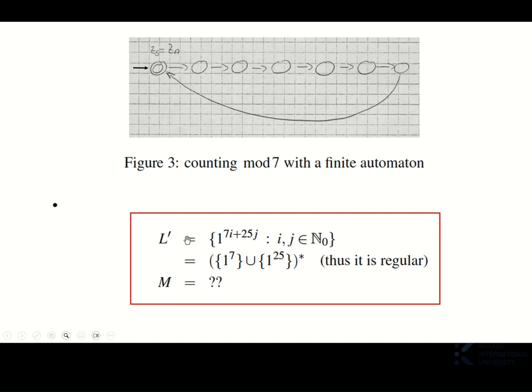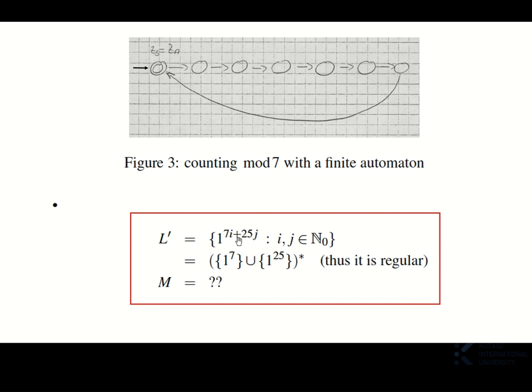Your language consists of ones to the power 7i plus 25j, where i and j are natural numbers, including 0. This language basically contains multiples of 7s, multiples of 25s, and their combinations. So it contains 32 ones, for example, because if you take i equals 1, j equals 1, you get 32.